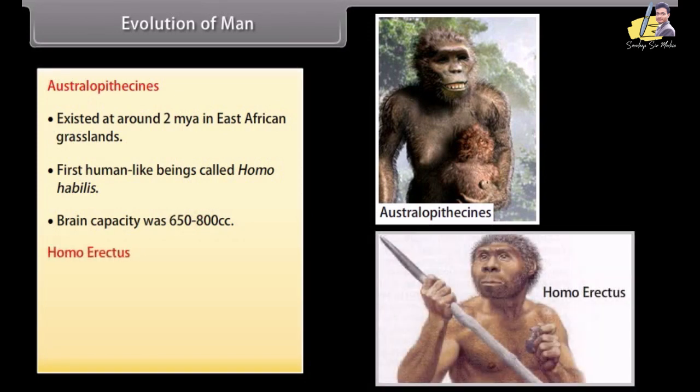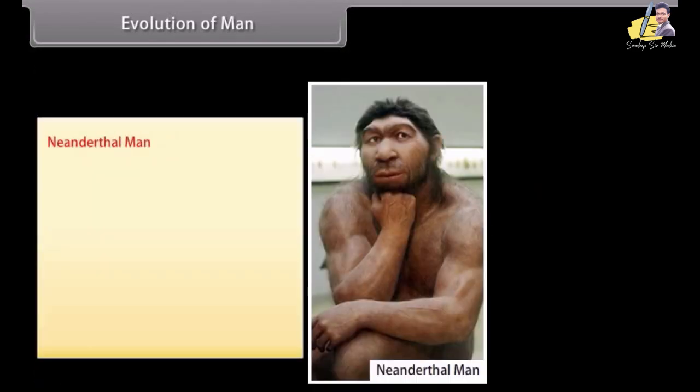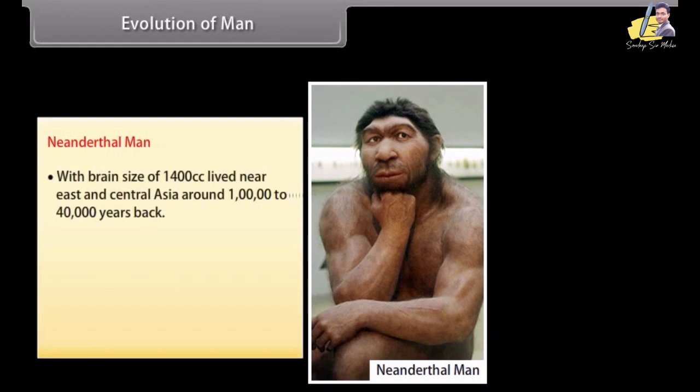Homo erectus existed around 1.5 million years ago with large brain of size 900 cc, ate meat. Neanderthal man with brain size of 1400 cc lived near East and Central Asia around 1 lakh to 40,000 years back.